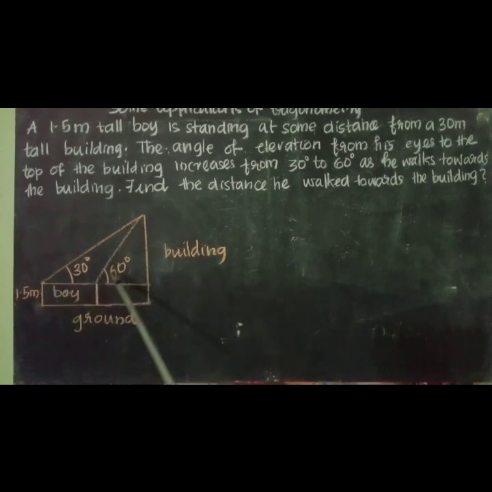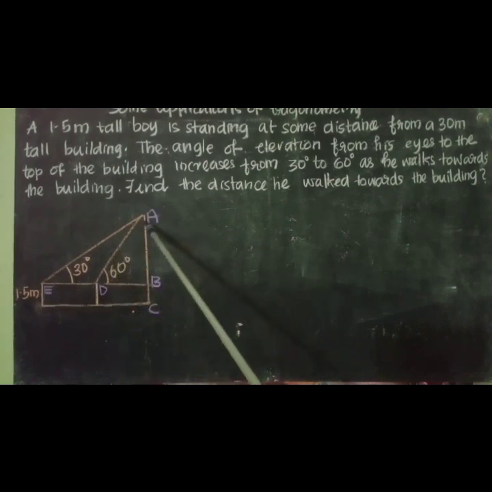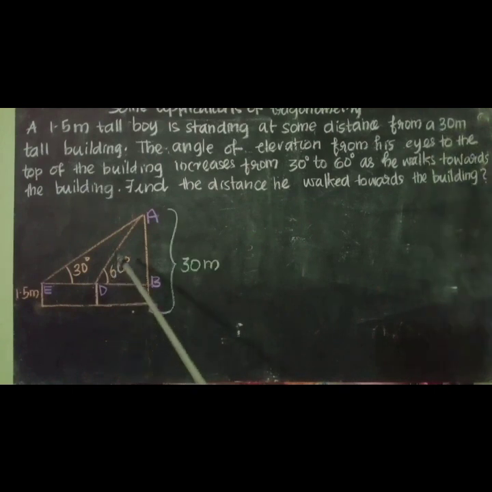First, let us give the name for that triangles. So here I have given A, here B, here C, here D, here E. Now this AC is the building. We know the height of the building is 30 meter. Here you can see two right triangles, ABD first one.